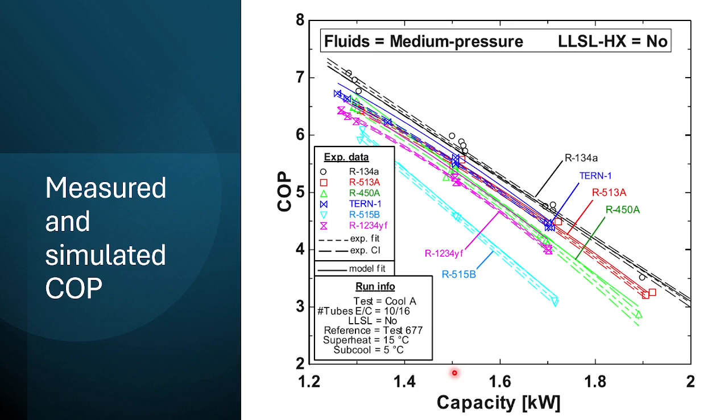So here at the 1.5 cooling capacity, we can see this pink line is showing R1234YF data, and it is giving the experimental value of around 5.5, but the simulation value is a bit higher than it, which is around 5.6 or 5.7. So this shows that the results are within the error of 5%.